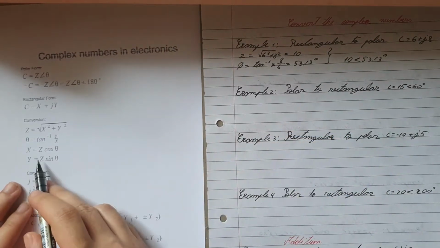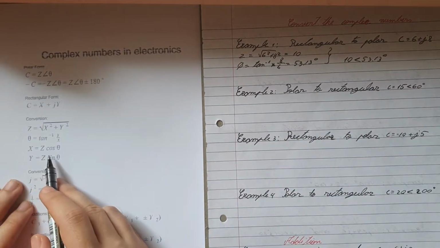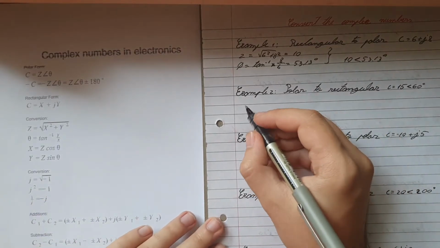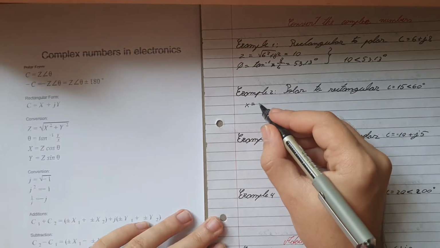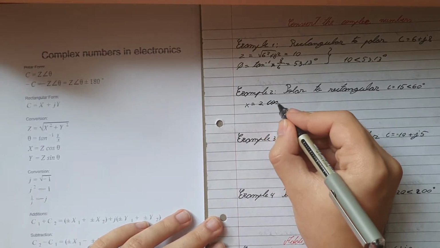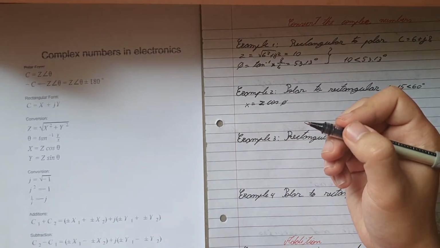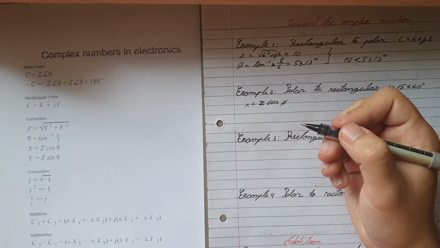So we look again at the formulas. x is equal to z cosine of the angle, and y is equal to z sine of the angle. So x will be equal to z cosine of the angle. And don't worry, when you do the next exercises, these will become reflex to you and to me as well.